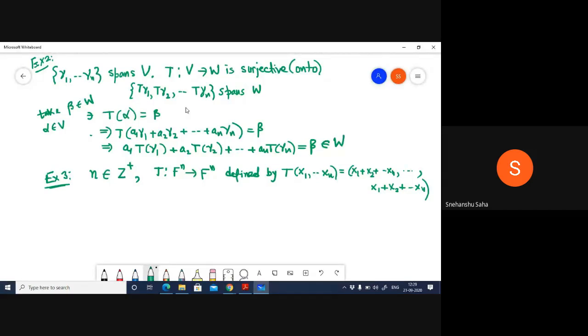Now, what I need to find out are the eigenvalues and eigenvectors of this transformation. That's besides the point.